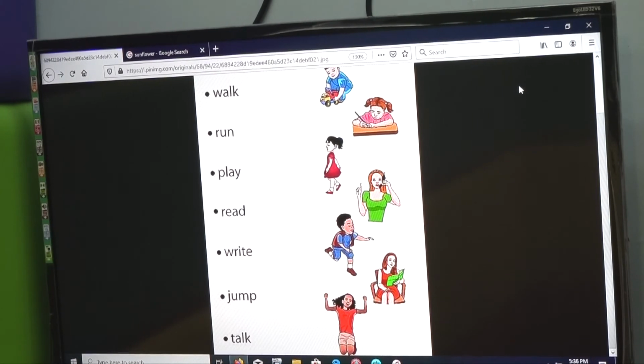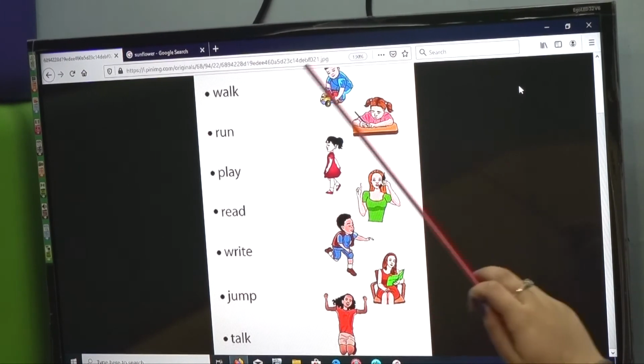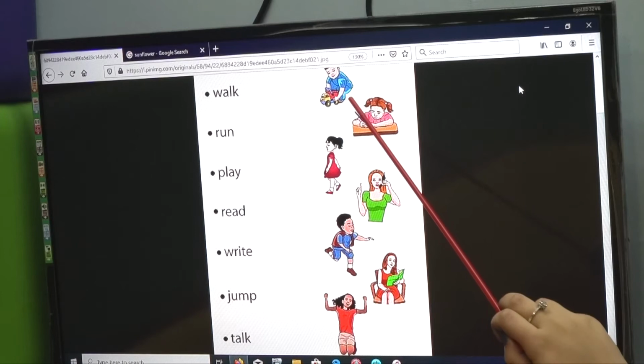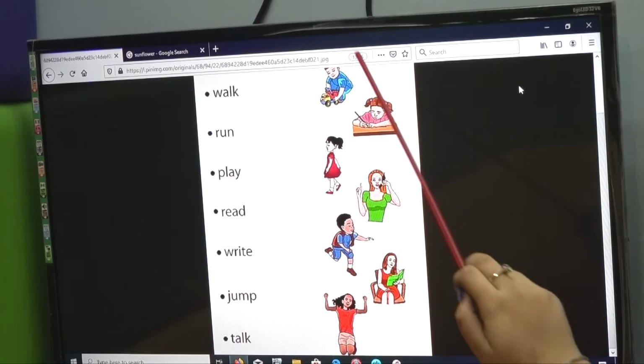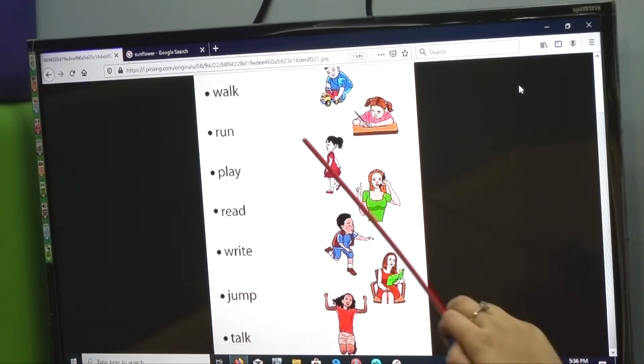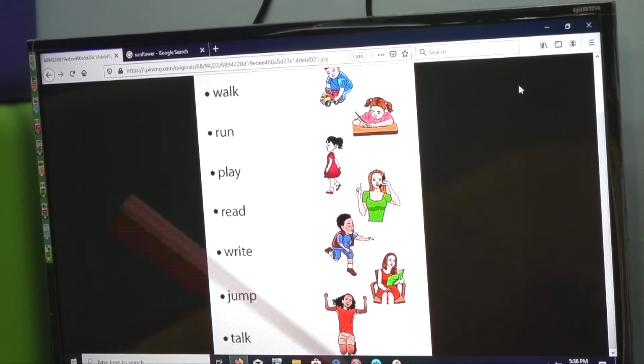Can you see a boy playing with his toys? Yeah? Which one is it? Is he here? No. This boy goes for a run. Is it here? Yes. The action verb we use to describe this picture is play.